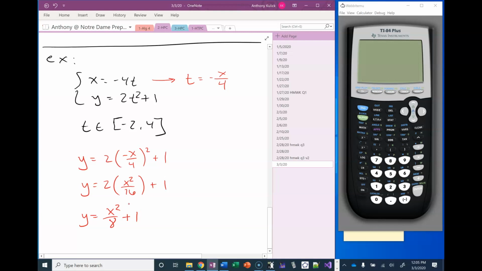What kind of function is this in the Cartesian sense? It's quadratic, right? What should the shape of the graph look like? Has a special name. Parabola. Yep. Let's just confirm that by graphing the parametric form and seeing if it matches.